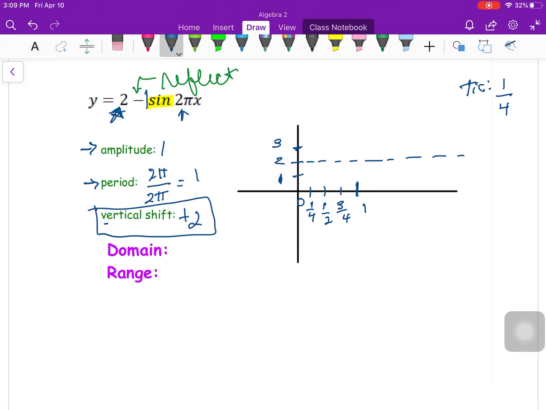Now I'm ready to start plotting my points. But I'm going to have to remember to reflect. So, sine starts at 0, 0. Well, 0 reflected is still at 0. So there's my shifted axes. Then I go up 1, so the reflective up is down. Then back to midline, up, and back to midline.